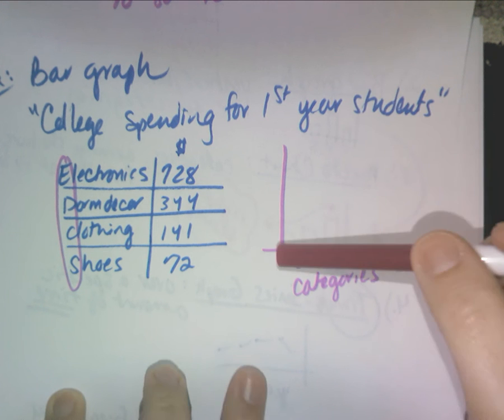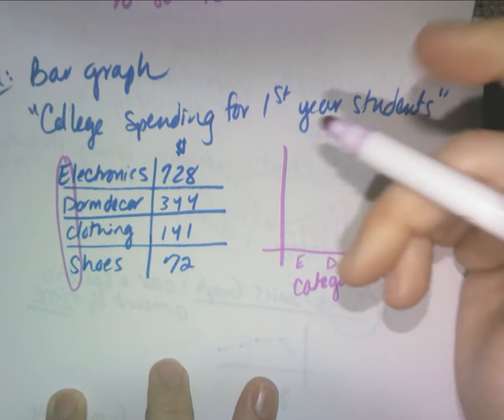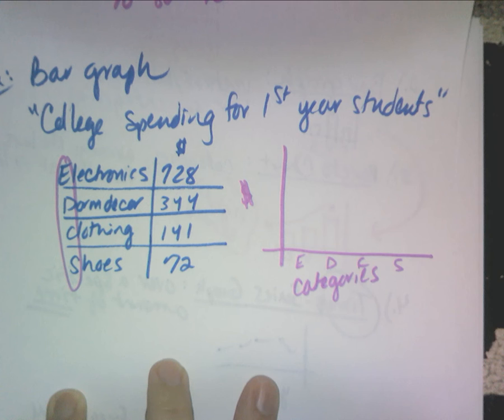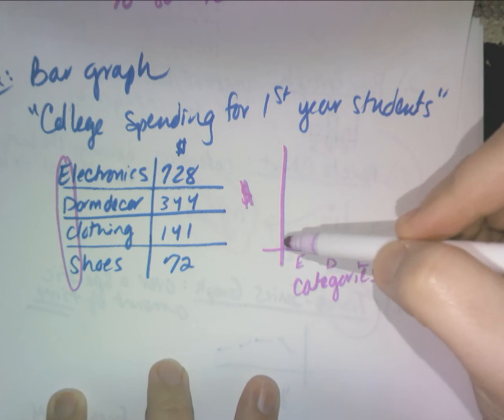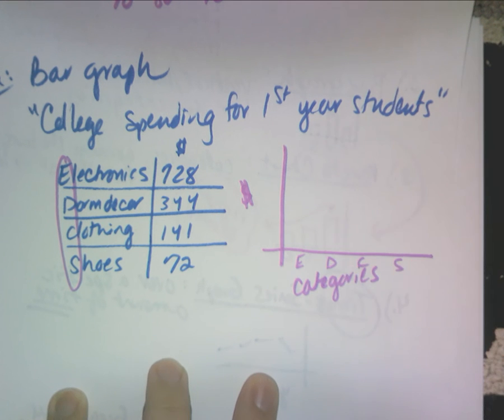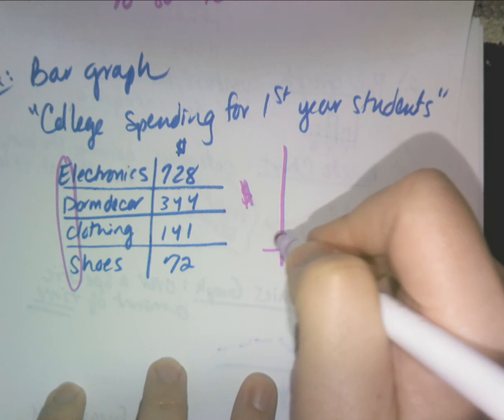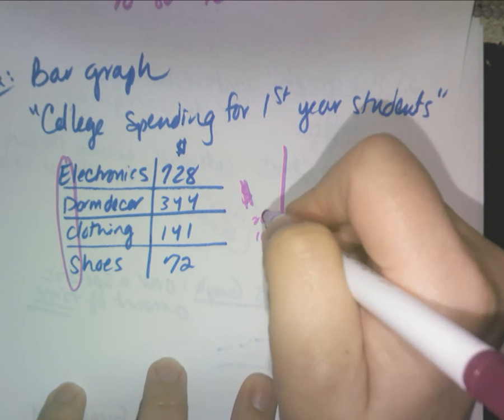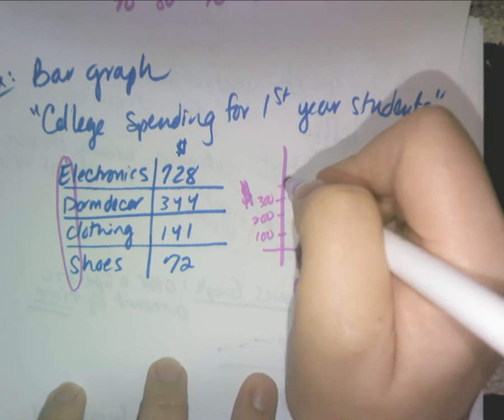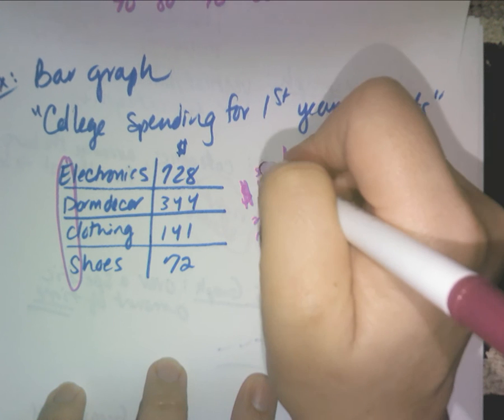Now, how do we determine our scale on this side? Again, this is money. What would be a good scale to go by? Well, first of all, what do we have to go all the way up to? At least 750-ish, maybe. So what do you want to go by? 50s? I might go by hundreds. 100, 200, 300, 400, 500.